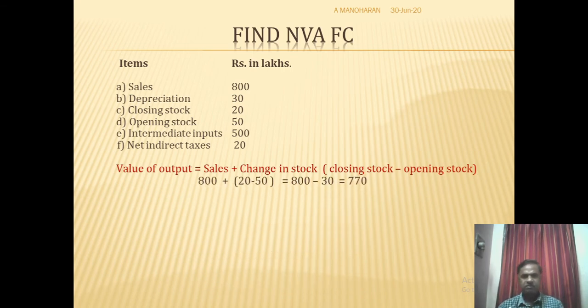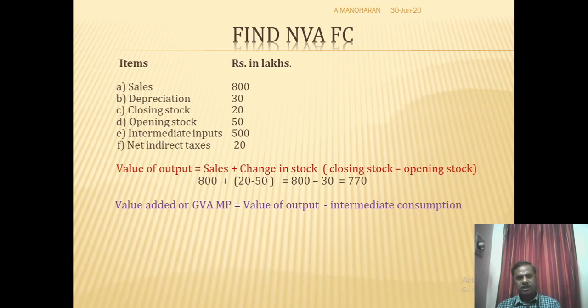Let us see. The sales is 800. The change in stock: closing stock 20, opening stock 50. So 800 minus 30 is 770. Next one is value added, value of output minus intermediate consumption, 770 minus 500. 500 is the intermediate inputs, that is intermediate consumption, so 270.